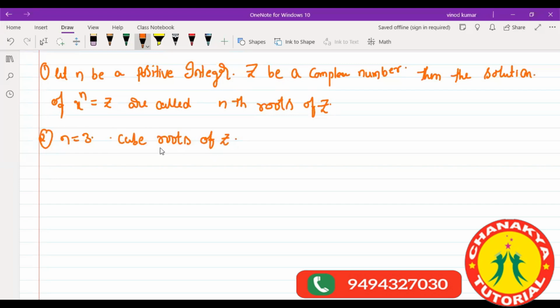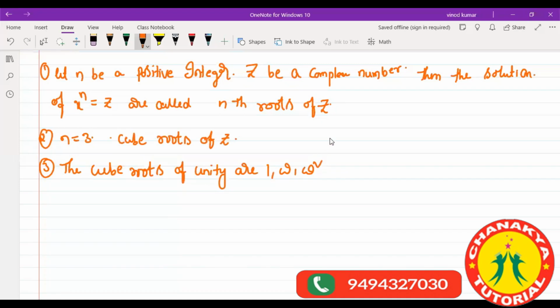The cube roots of unity are 1, omega, omega square.